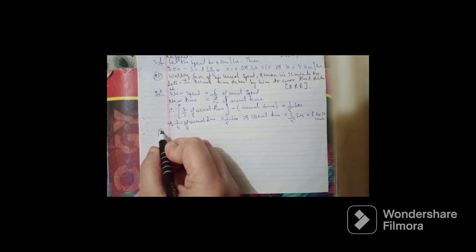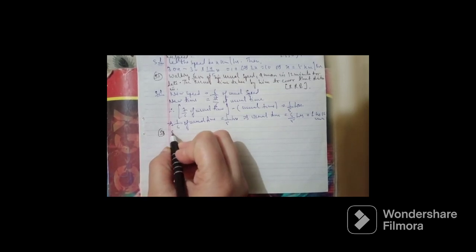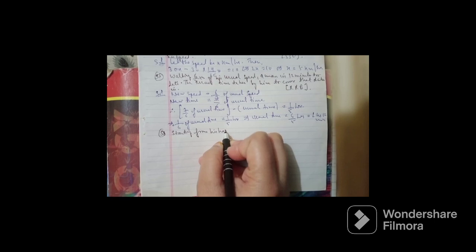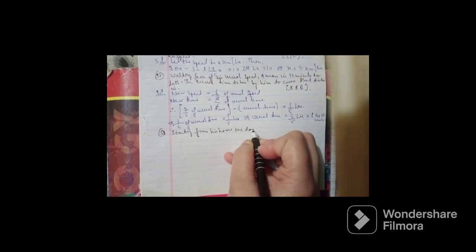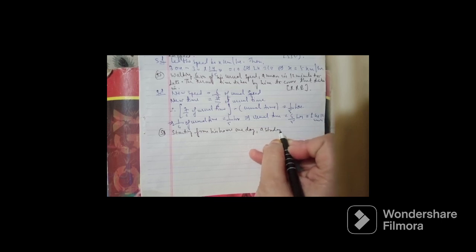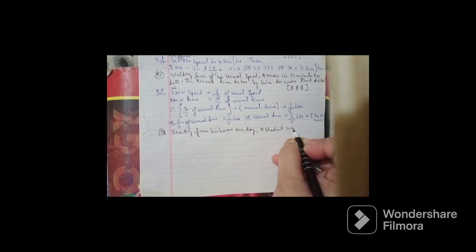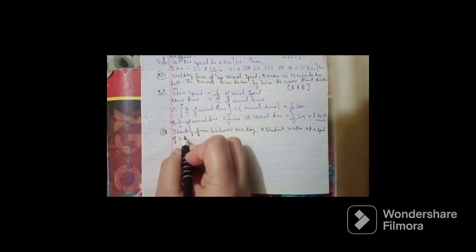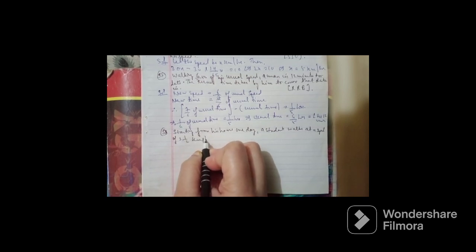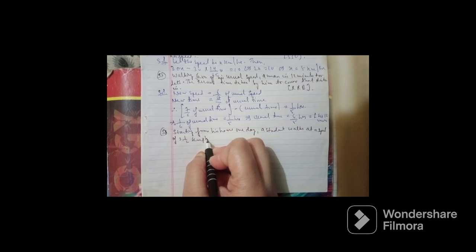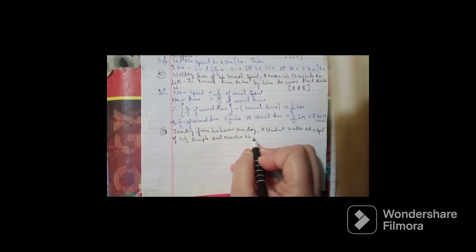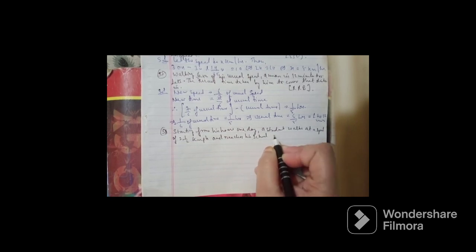So we'll go for it. 58th question. Starting from his house, one day a student walks at a speed of 1/2 kilometer per hour and reaches his school 6 minutes late.